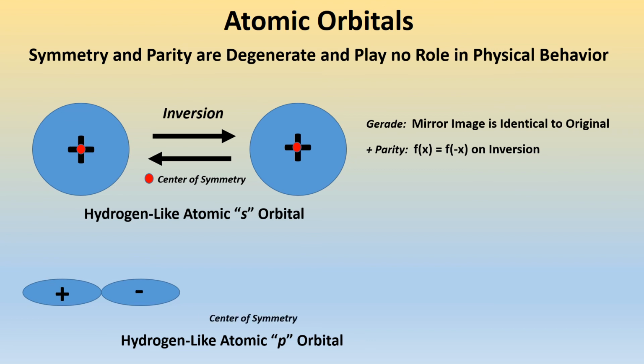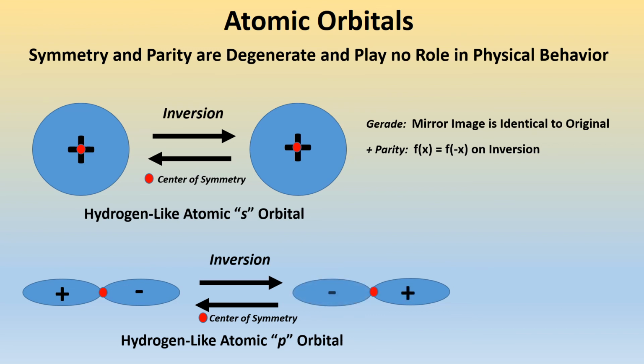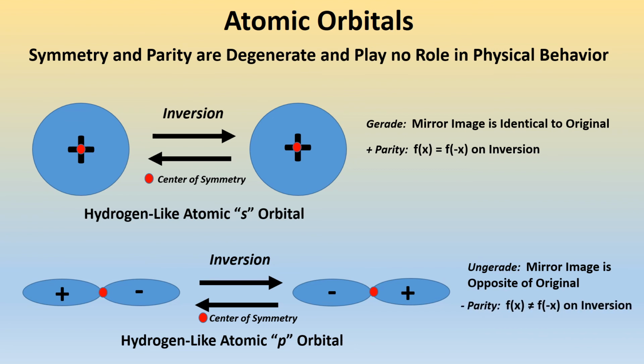However, when the p orbital is inverted, you will notice the shape is retained, but the sign changes. Therefore, in terms of symmetry, the p orbital is ungerade, or odd, because the mirror image is the opposite of the original image. It also has negative parity because exchanging variables causes the outcome of the equation to change.